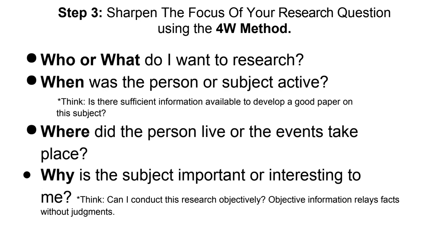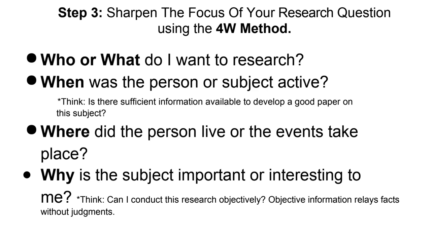Okay? You may come across information that you may not necessarily agree with. But if you're doing that research paper, you have to have an unbiased mind. So this is why we say something that is important or interesting to you, so maybe you can remove that unbiased barrier.